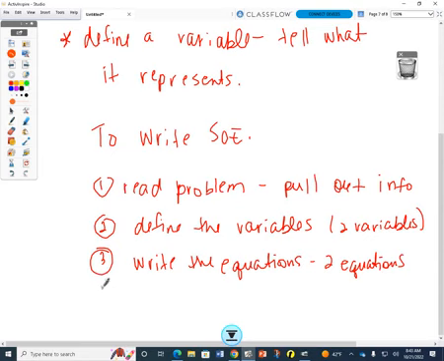If you don't write two, it's not a system.